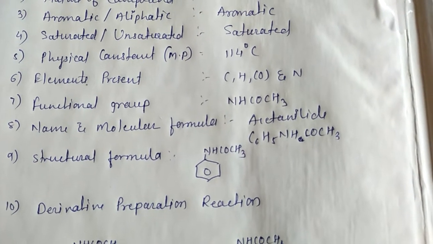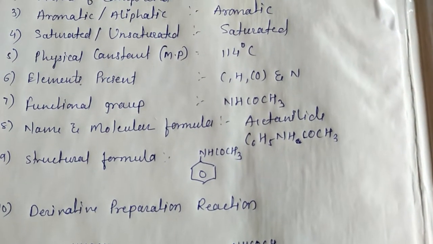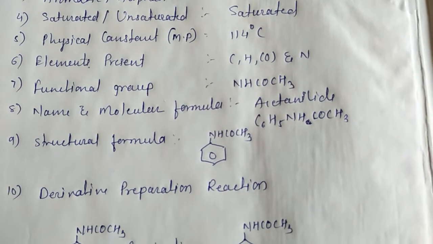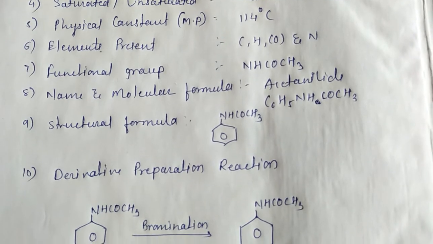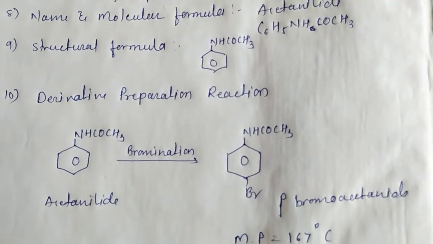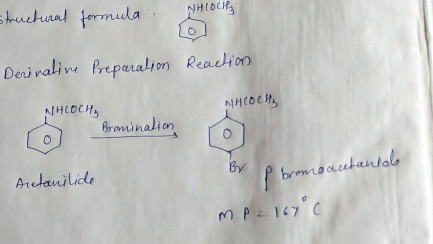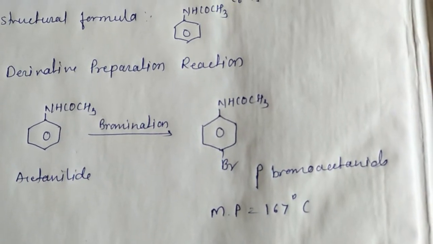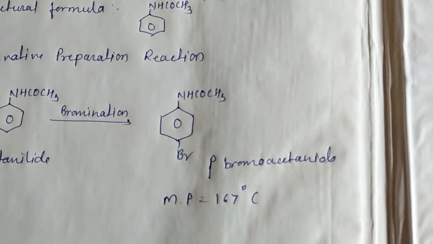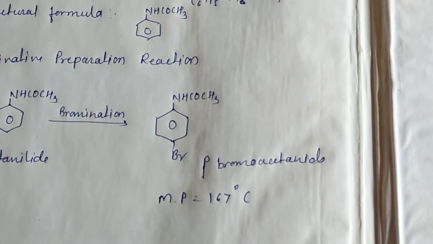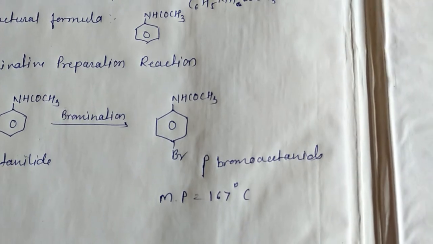Its molecular formula is C6H5NHCOCH3. Structural formula: you can see a benzene ring having NHCOCH3. In the reaction for the derivative, acetanilide reacts with bromine water, undergoes bromination to give para-bromoacetanilide, which has a melting point of 167 degrees Celsius.